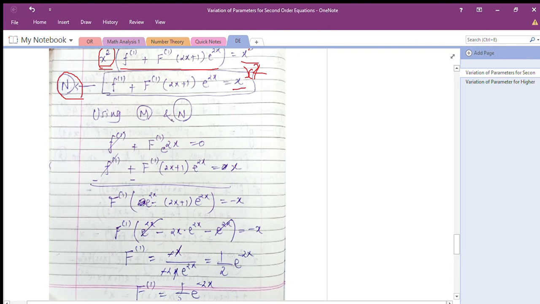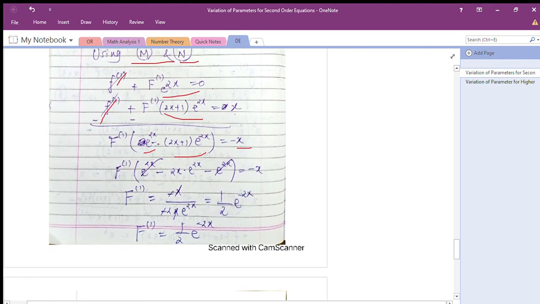Now using this m and n, if you subtract the two, f1 directly cancels and capital F1 is common. So e raised to 2x remains inside, minus 2x plus 1 e raised to 2x, and from 0 minus x we get minus x. From this, e raised to 2x minus 2x e raised to 2x, minus plus minus e raised to 2x into 1, that is these two were cancelled, minus x.